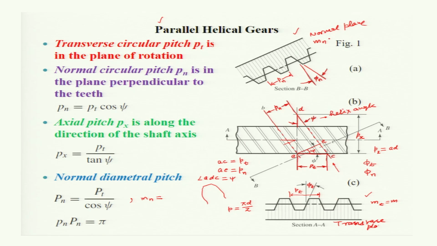So, the true shape is represented by Mn, not by Mt. So, Mn will be Mt divided by cos psi, and Pn multiplied by Pt, the normal pitch, this Pt cos psi, and capital Pn will be this, and this will be cancelled, you will get pi.